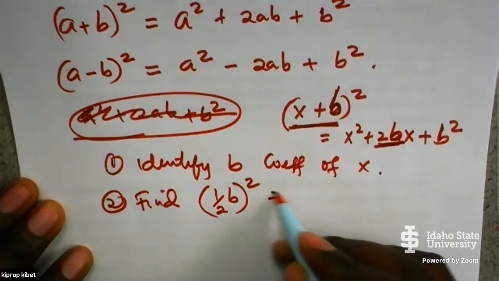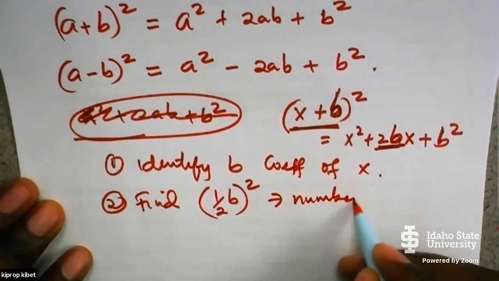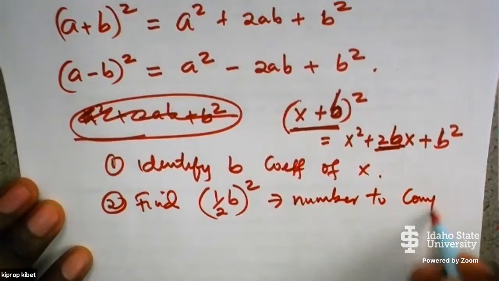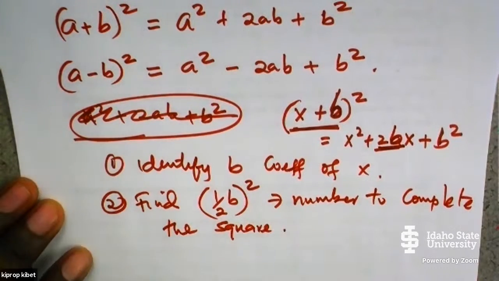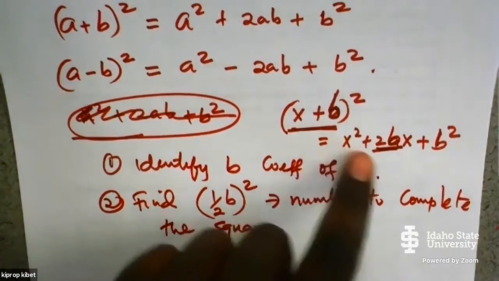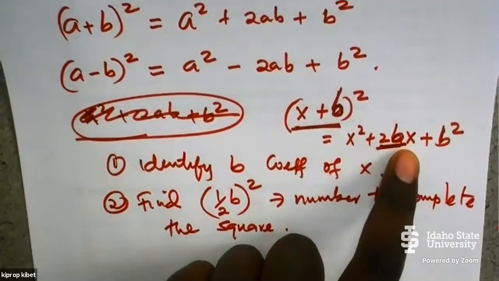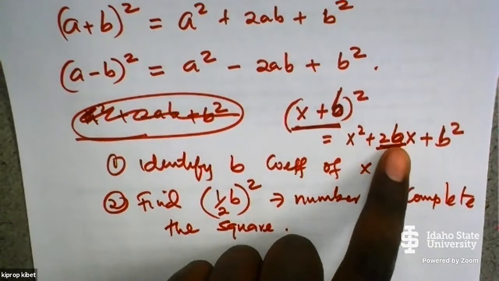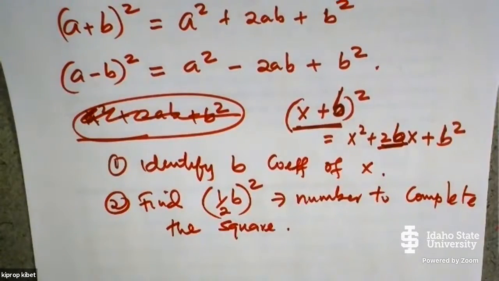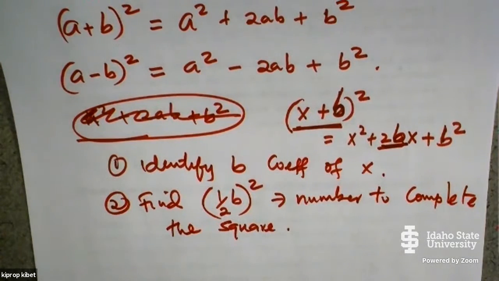This is the number used to complete the square. So you find the number which is half the coefficient of x.